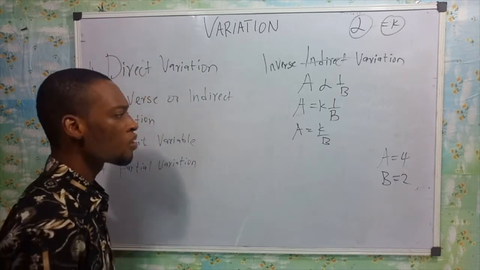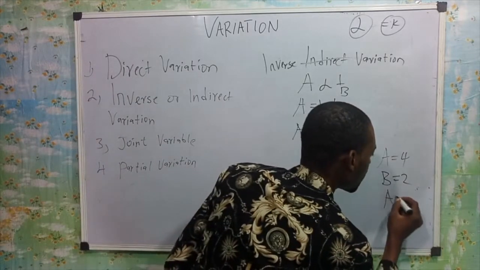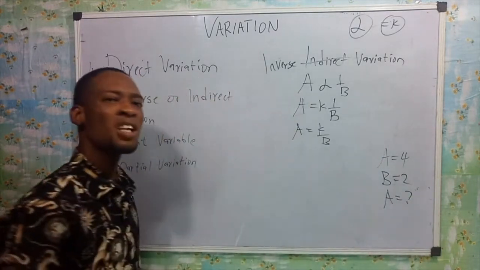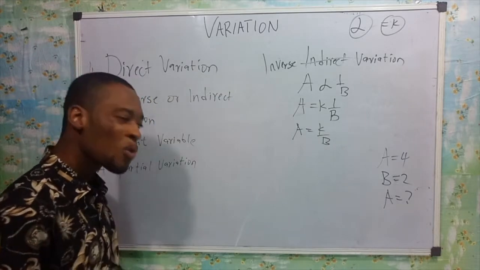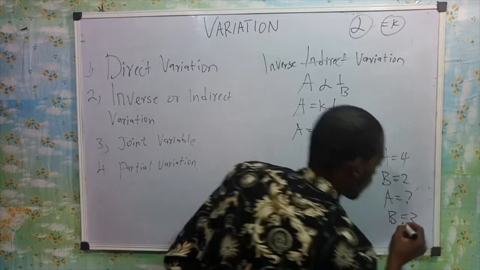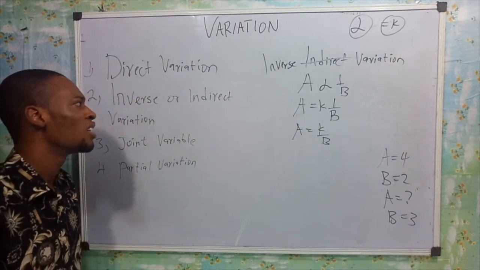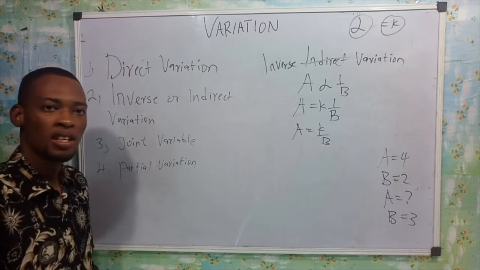And they'll ask you, find A. A is now the question. Find A when B equals 3. So it still follows the same pattern. Once you know one, you should be able to solve as many as possible.